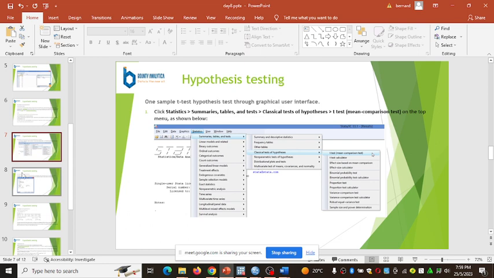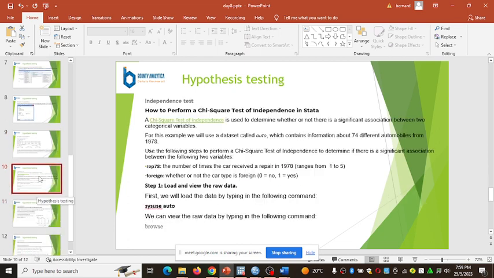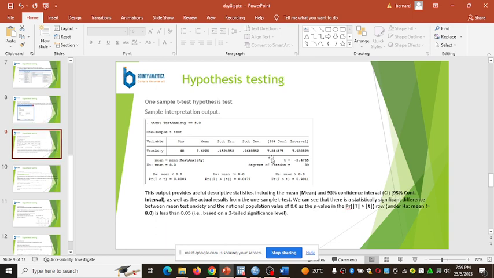So this output provides useful descriptive statistics including the mean and 95% confidence interval, as well as the actual value from the one sample t-test.